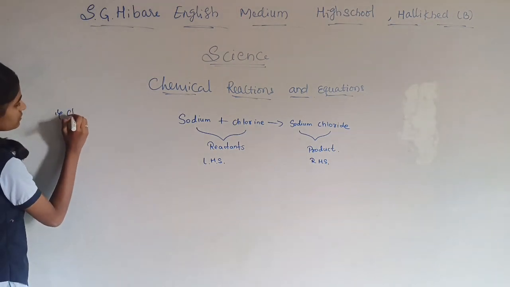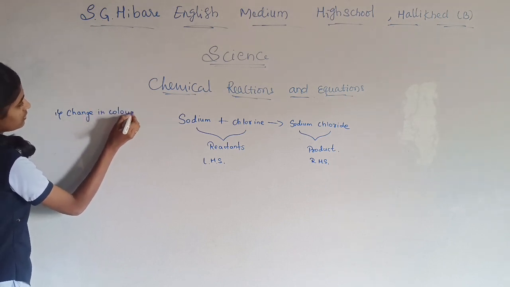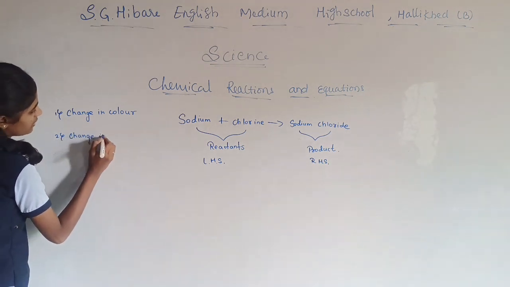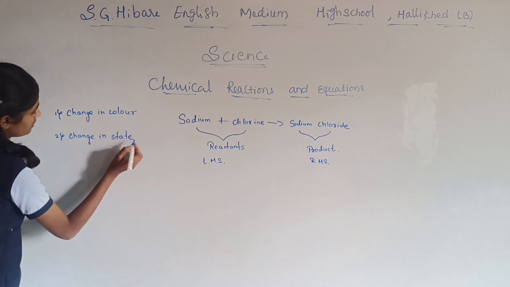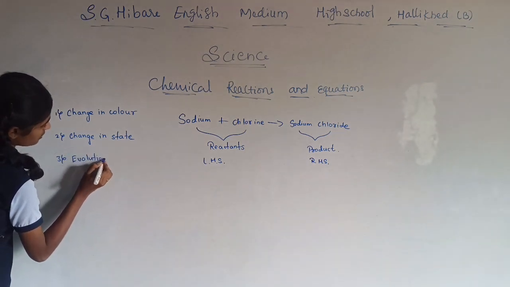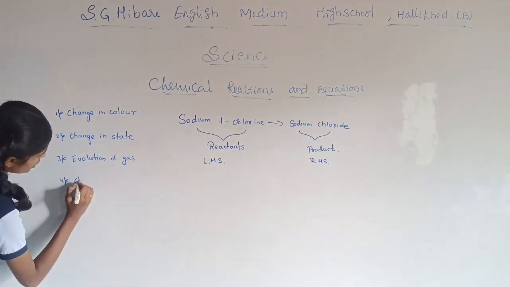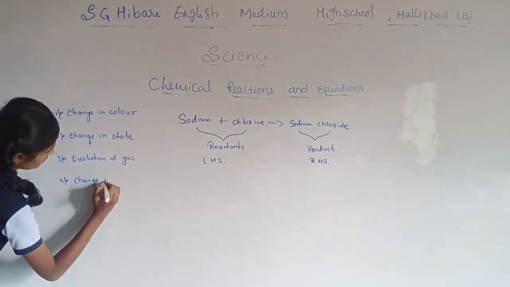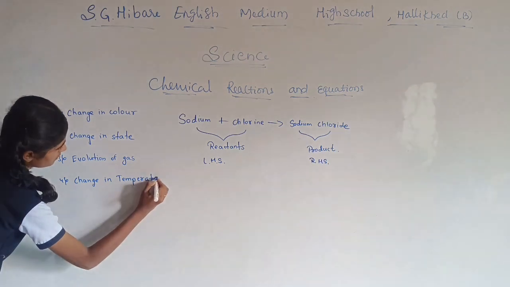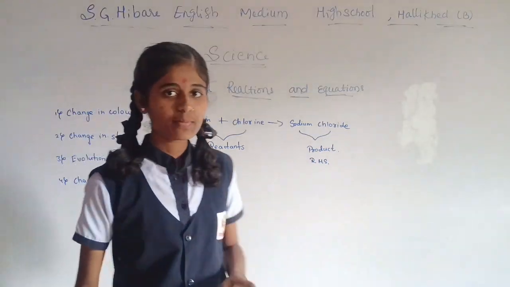First, there is a change in color, then change in state, evolution of gas, then change in temperature. These are all the changes we see when there is a chemical reaction.